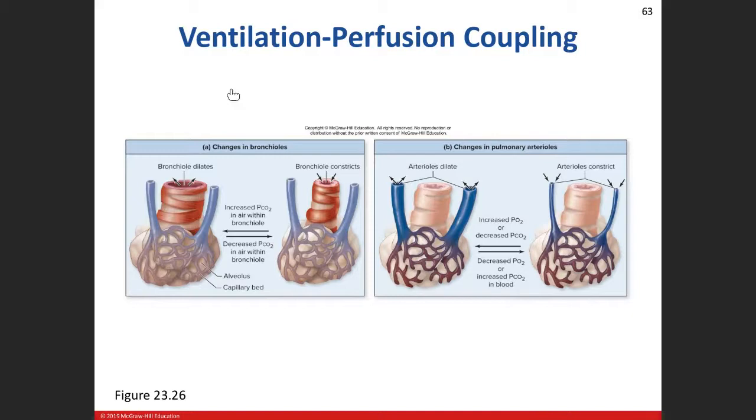So here's the ventilation, changes in the bronchioles. If we get an increased partial pressure of carbon dioxide, we're going to see bronchodilation, because we want to get rid of that carbon dioxide. If we have decreased carbon dioxide, remember, carbon dioxide affects our breathing rate.